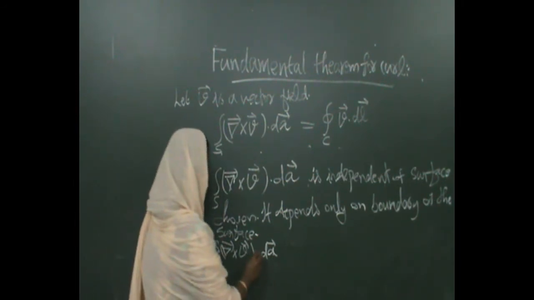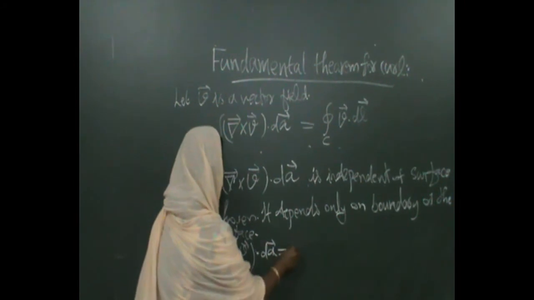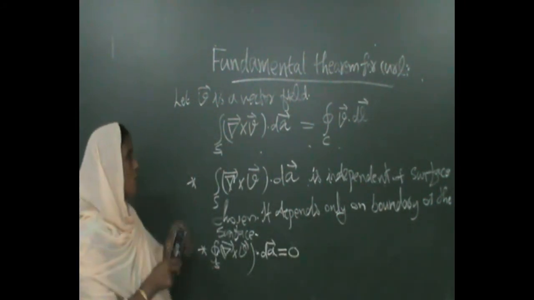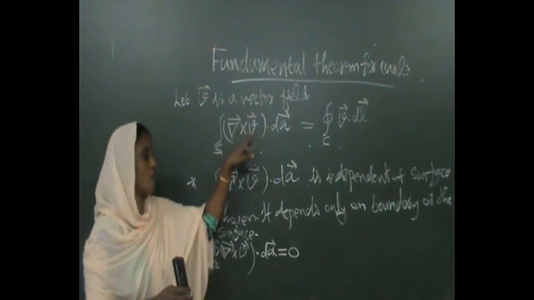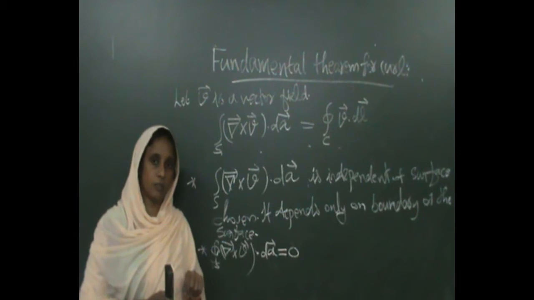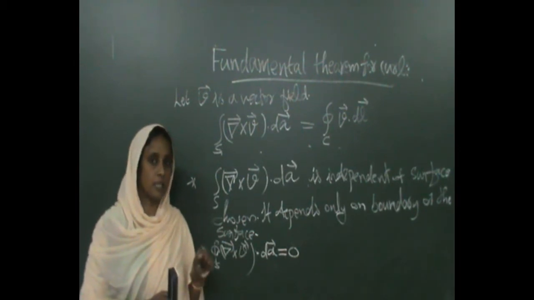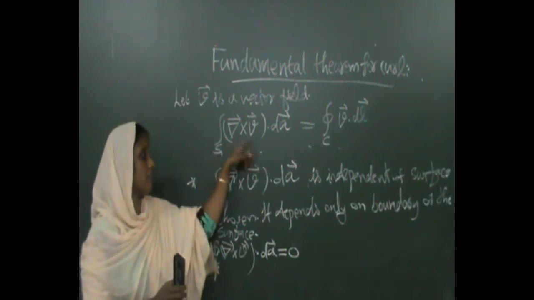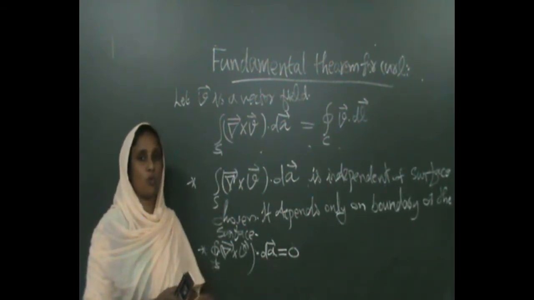In that case, this is equal to 0. So the surface integral of the curl of a vector field is equal to its circulation, and if the surface is a closed one, then this integral goes to 0.